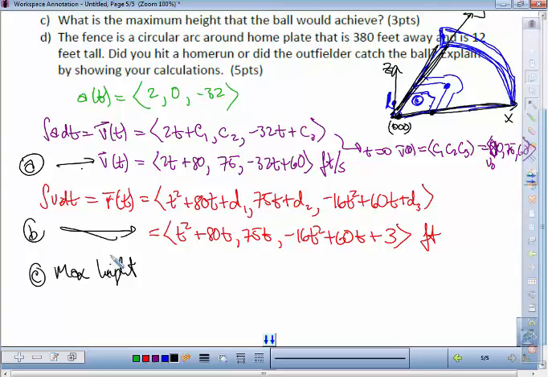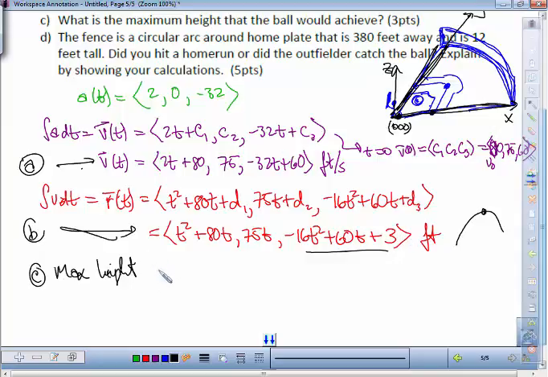So a projectile is dependent on the velocity, right? And the velocity is 0 at the maximum height. So look at your graphs of your parabolas. They have that maximum height that you achieve. So that happens when the velocity is equal to 0. Or if you want, you can look for the vertex of this polynomial. We're not going to do that.